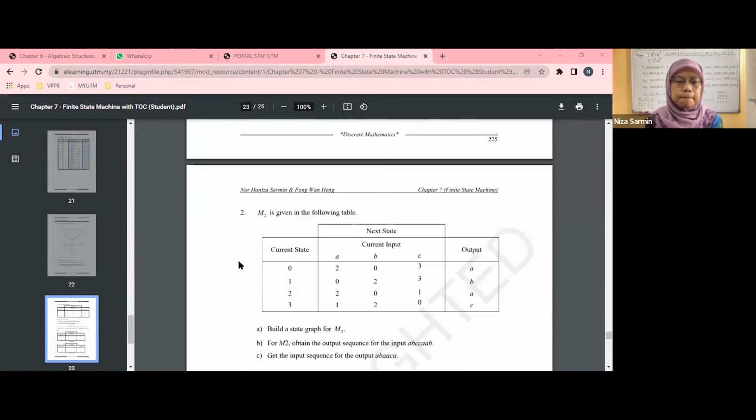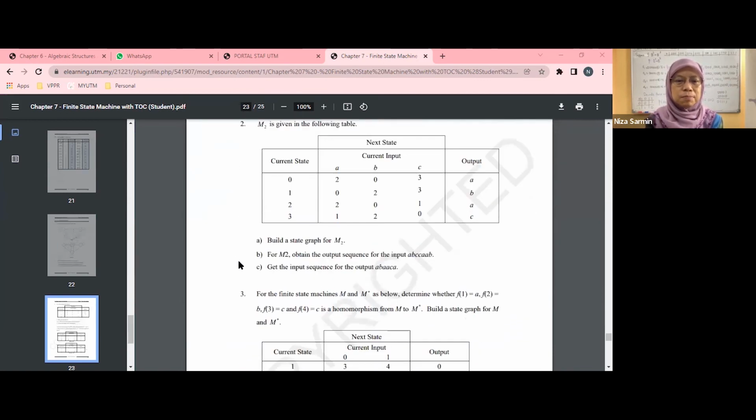Next. Okay, you are given this, the other way round, build a state graph. And then for M2, that is the machine, find the output sequence given the input. I give you find the output given the input, but they have another question, give the input for the output. You try that yourself first.